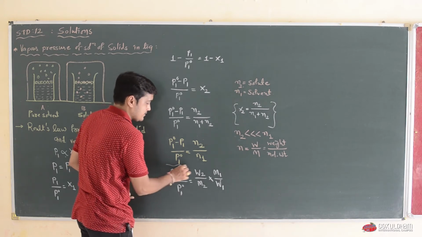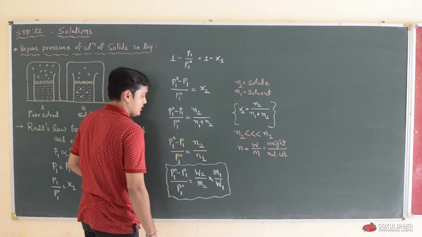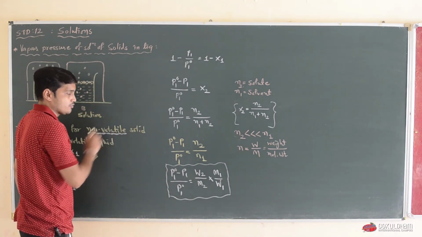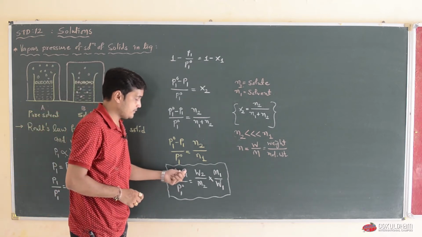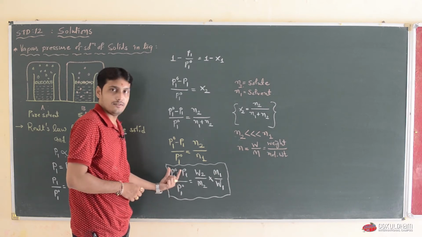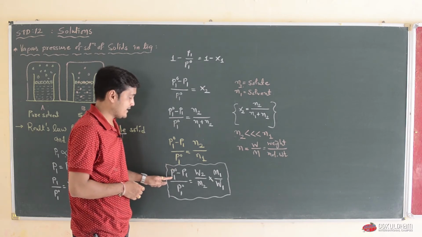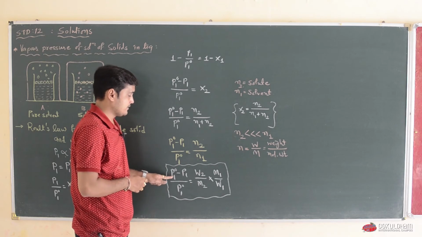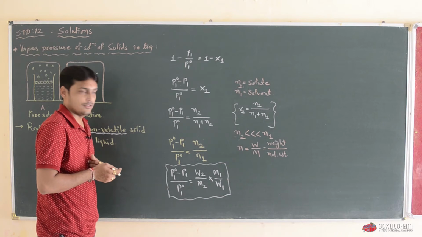So this is the equation for Raoult's law for a non-volatile solute. And this P1⁰ − P1, you can easily write as the difference between the two vapor pressures, delta P.